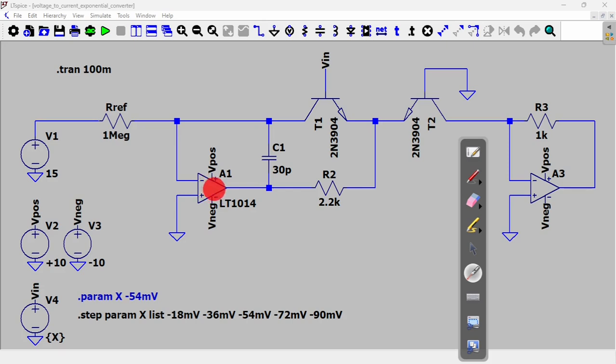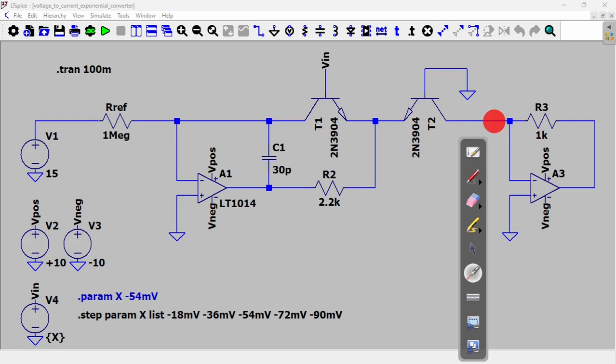You have your op amp here, which is going to make the current in this branch constant. So it's going to be your I ref. You have your 2.2K resistor in the feedback loop, and you have your 30 picofarad capacitor in parallel. And this is the output.